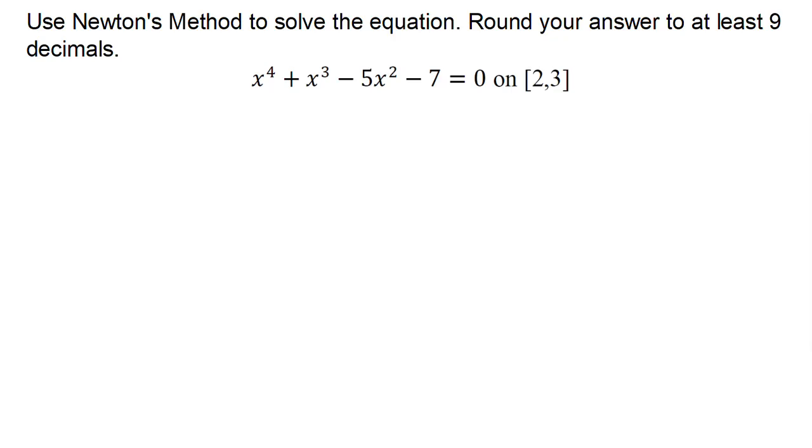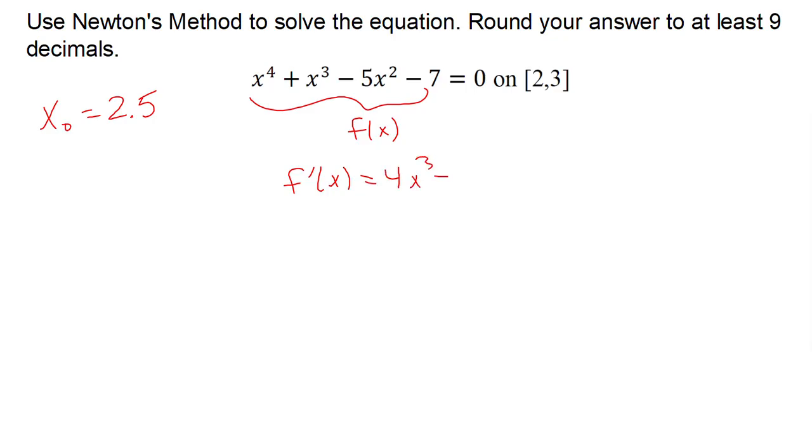All right, for our next one here, we're looking on the interval 2 to 3, so it just seems reasonable to start with a first guess of 2.5. We've already got this set equal to 0, so this will be f of x. F prime of x will be 4x cubed plus 3x squared minus 10x.